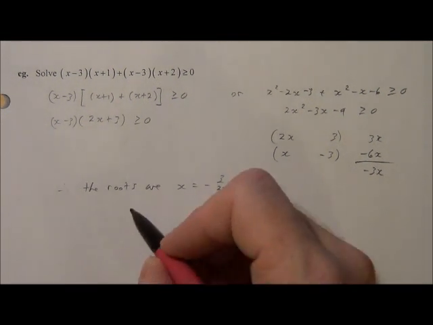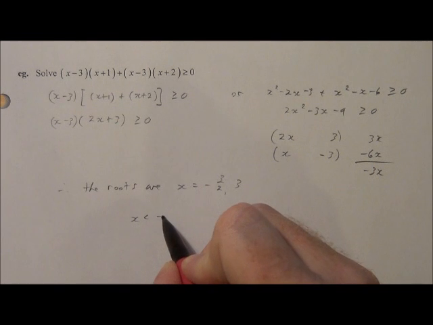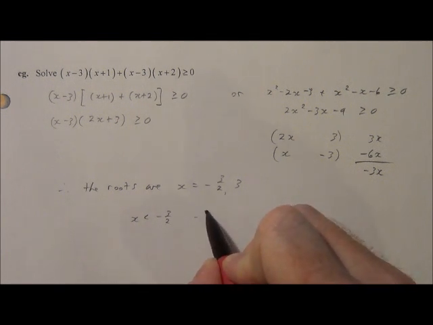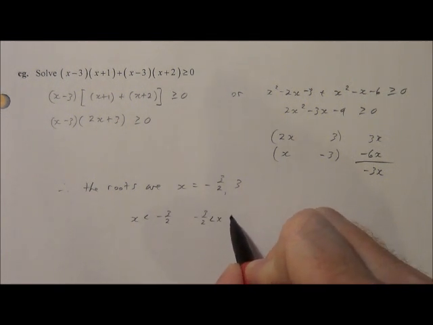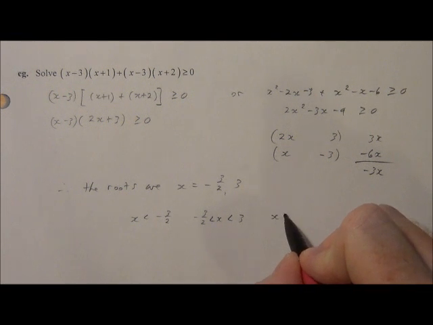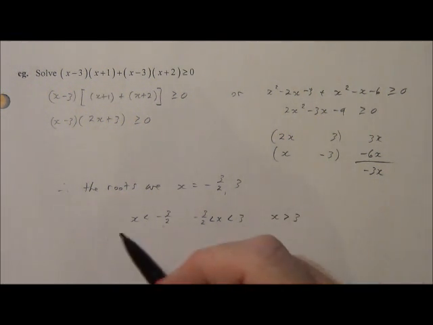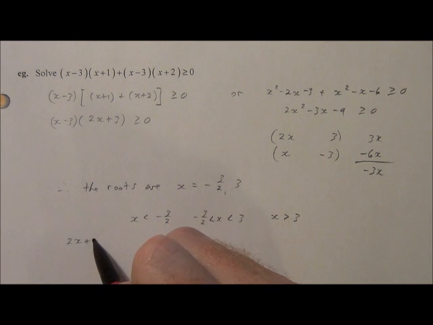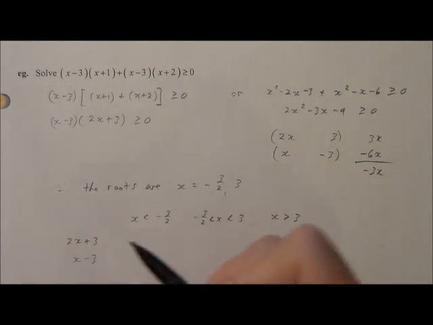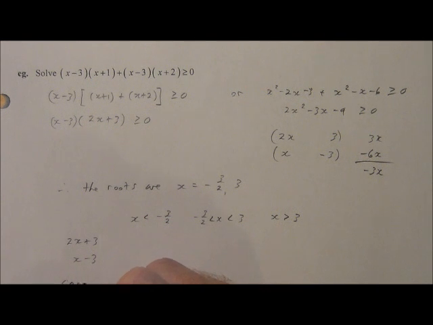So then we set up our intervals. So x is less than negative 3/2, negative 3/2 less than x less than 3, and x greater than 3. I'll write down the factors, 2x plus 3 and x minus 3, and the sign of the products.